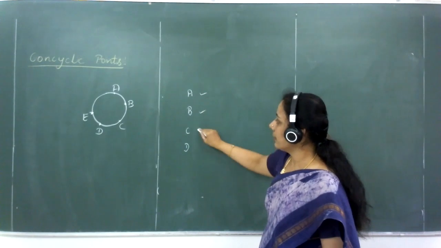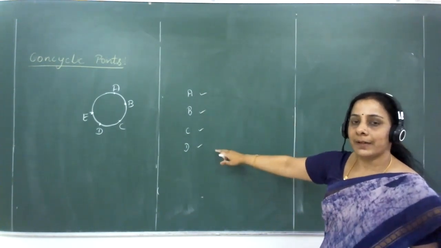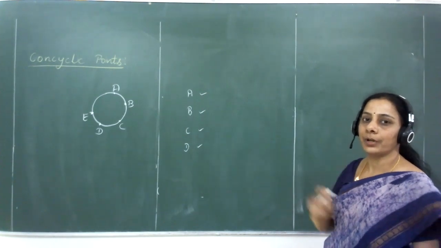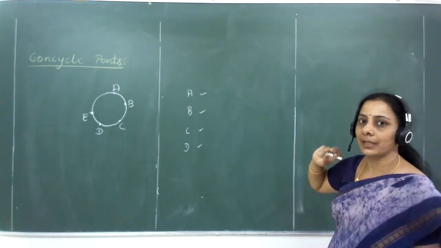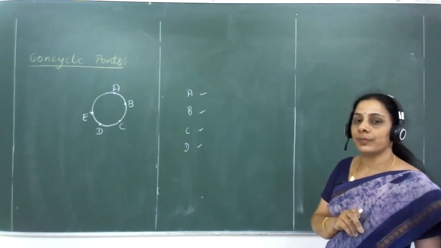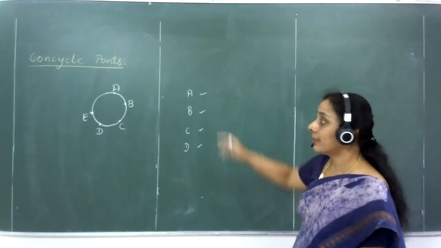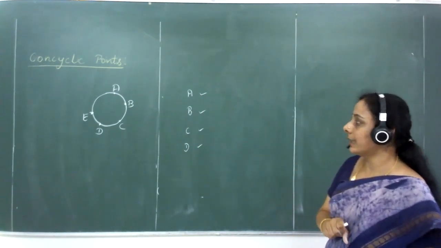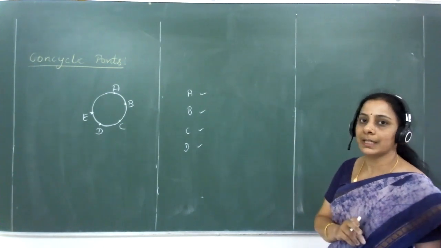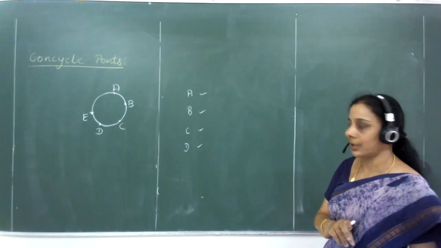When you are given the coordinates of all these 4 points, we can easily verify whether the 4 points lie on the same circle or not. If they lie on the same circle, you will consider them to be concyclic points, otherwise they are not concyclic. Now what is the method of approach to verify whether the given 4 points lie on the same circle, that is, concyclic points or not?